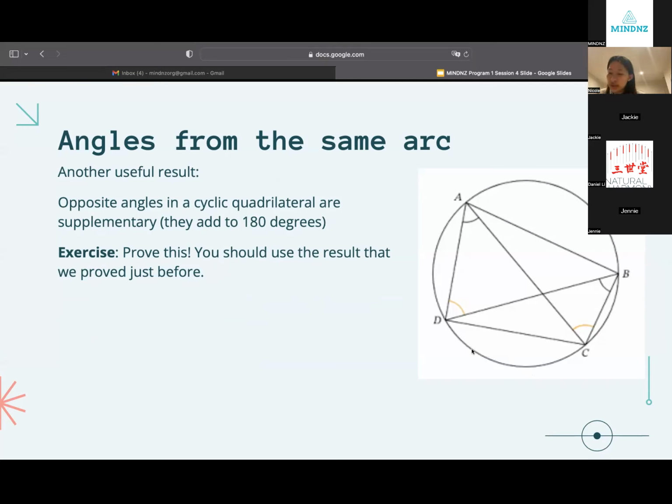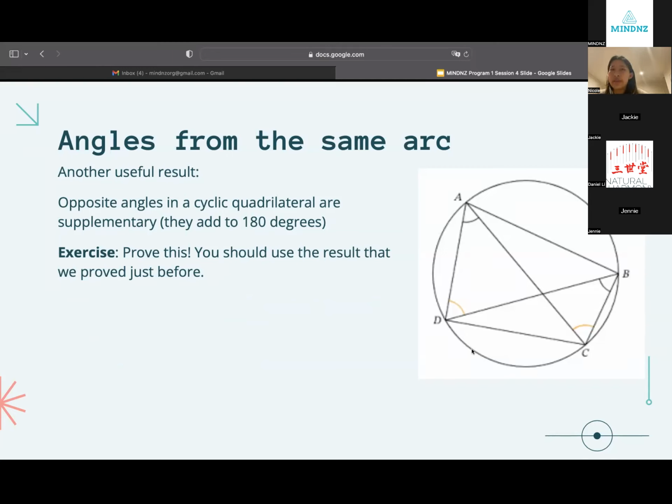This is what someone told me early in the session when they were defining what a cyclic quadrilateral is. So I think it's useful to prove as well. A good way to do this is to use the result that we just proved right before. So we can just label the angles and then see how it plays out.